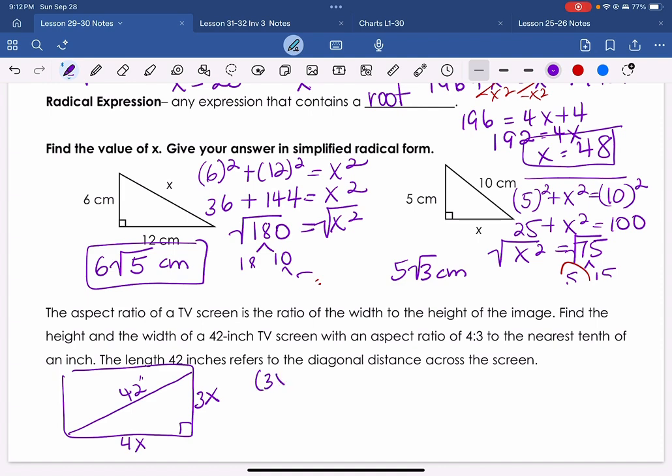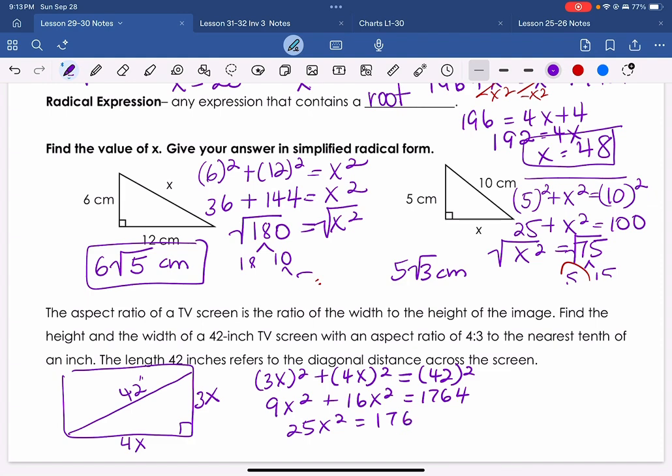So same exact way, 3x squared plus 4x squared, use parentheses, equals 42 squared. So over here, we're going to have 9x squared plus 16x squared equals 1764. So if I combine those like terms, I have 25x squared equals 1764.